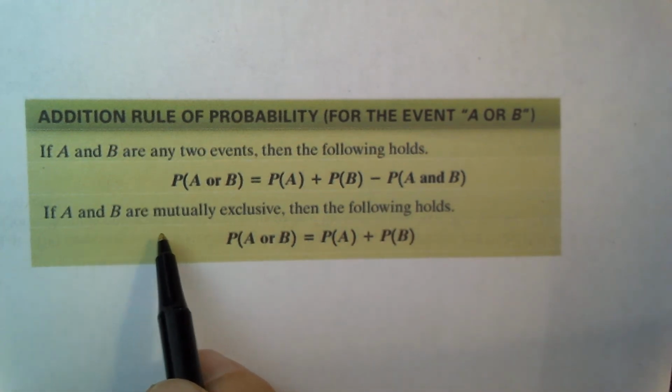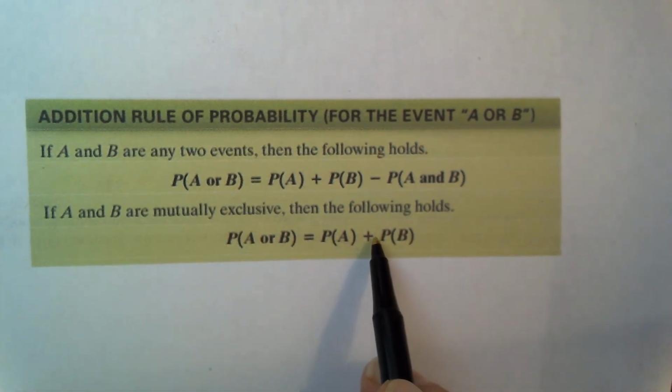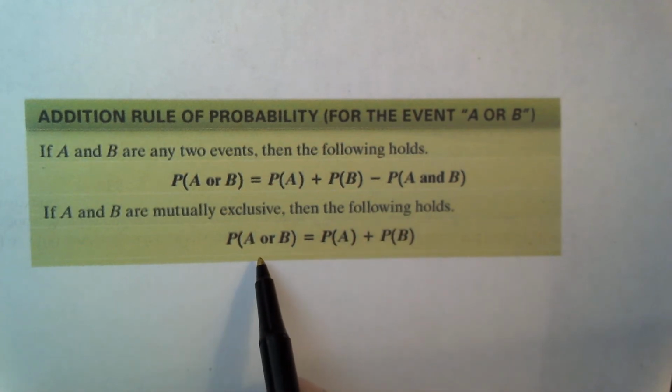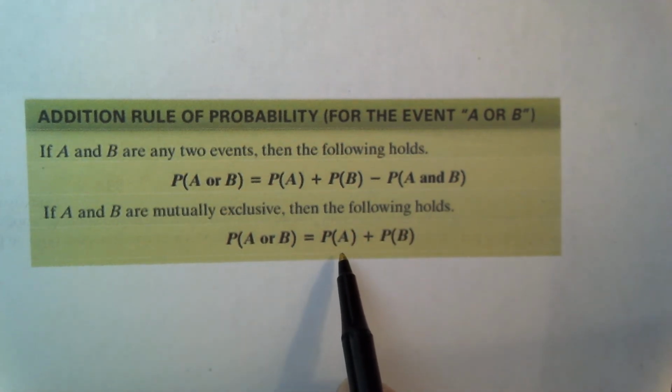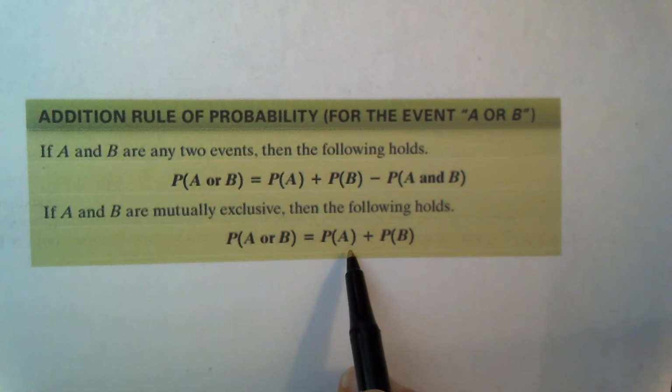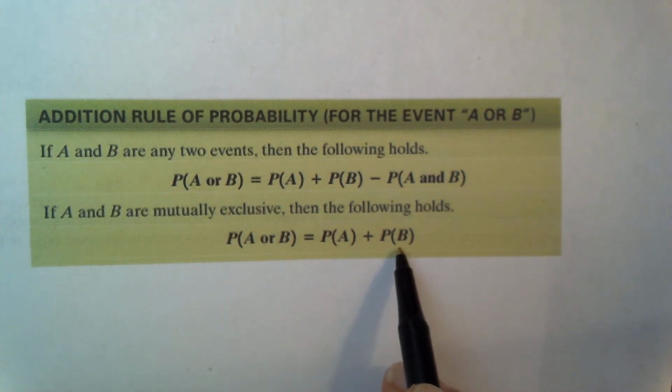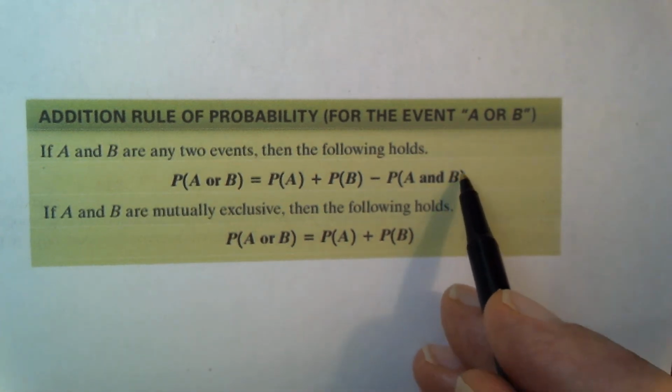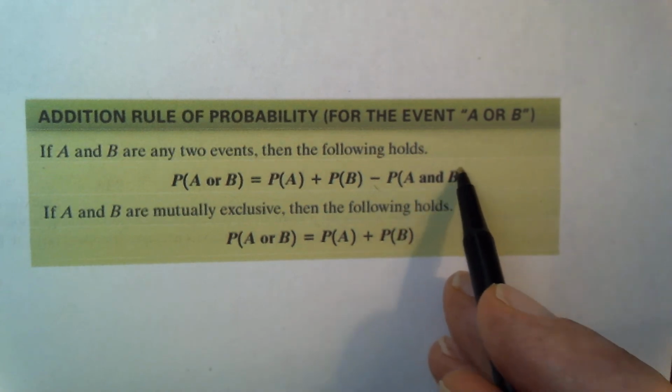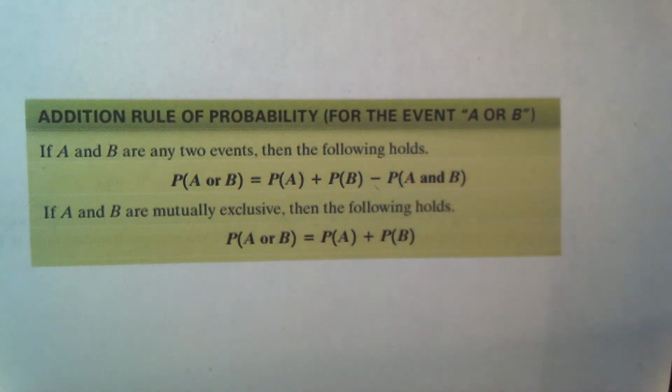And if A and B are mutually exclusive, then the following holds. The probability of A or B is equal to the probability of A plus the probability of B, because then this would be 0, since they're non-overlapping events.